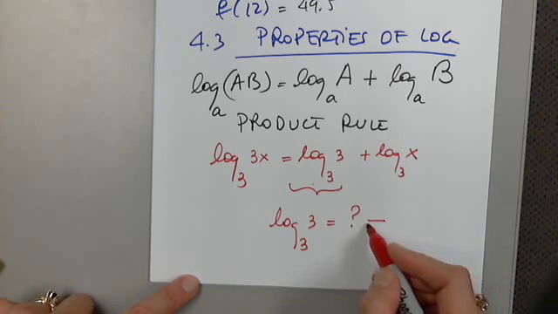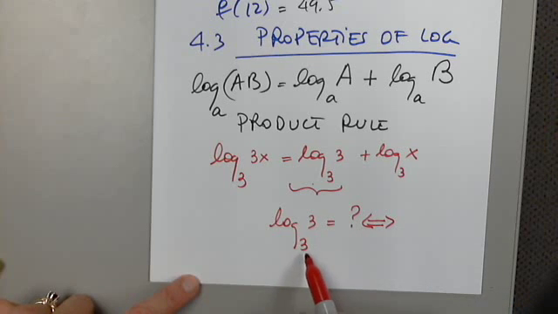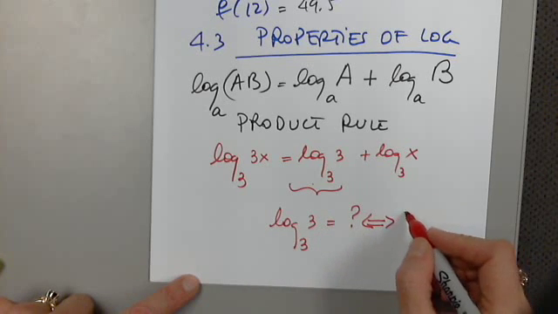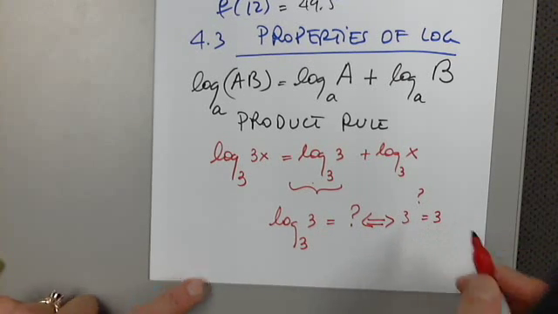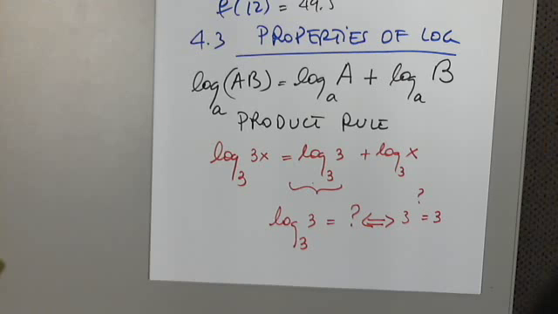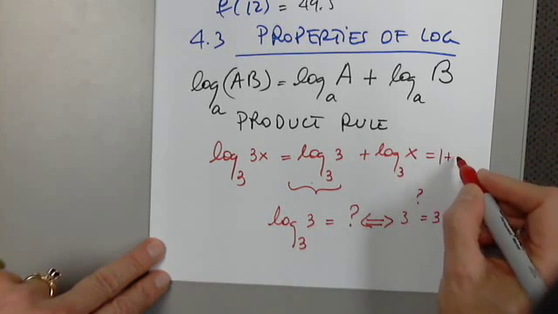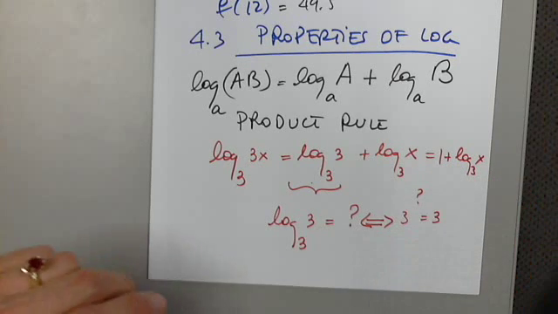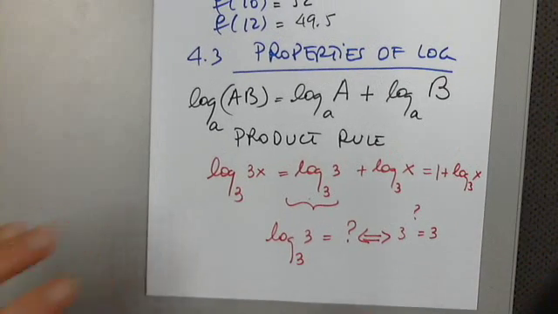But I know that this is equivalent to 3 raised to whatever equals 3. What can this be? 1. Only 1. So the answer simplified form is this. So this is one application of the property. I can simplify. So this is the product rule.